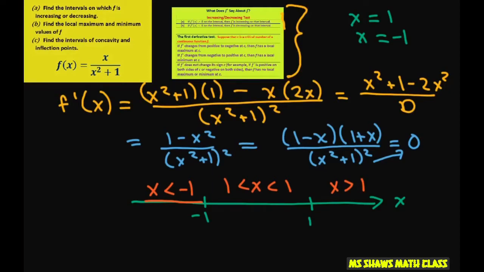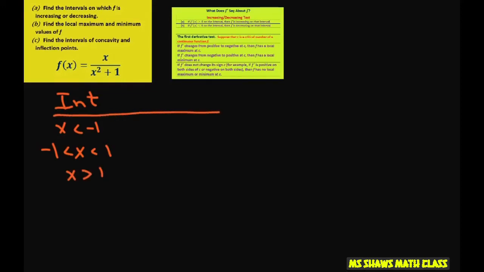Now, I'm going to do an interval chart. We already found our intervals: when x is less than negative 1, when x is in between negative 1 and 1, and when x is bigger than 1. For our derivative, we had 1 minus x, 1 plus x, and then our denominator, which is never 0.